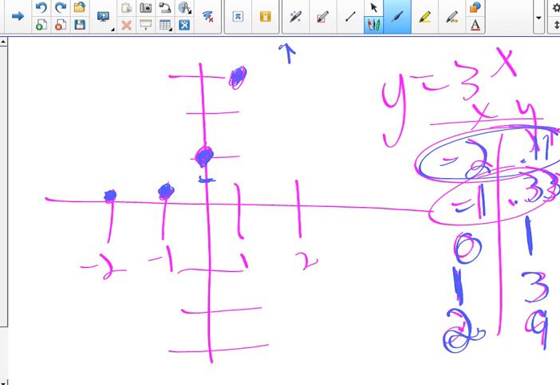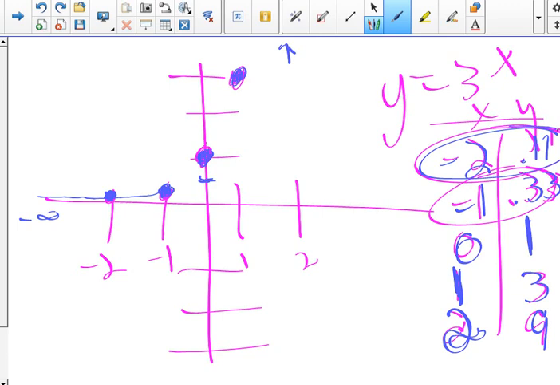All right, so now you want to connect everything with a smooth curve. So notice that this graph, and we're going to talk about this in just a second, never hits the x-axis, it never intersects or passes the x-axis. But it gets closer and closer and closer as you go to negative infinity. Okay, we're going to learn the term for that is called asymptote.